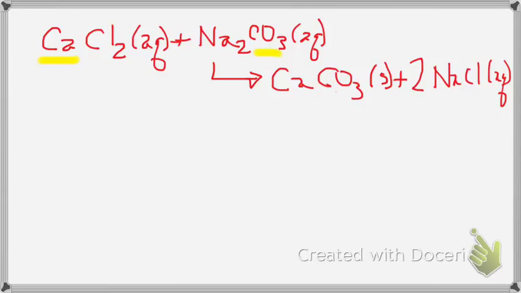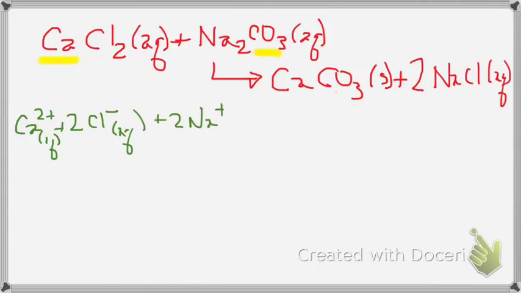Now, I'll change colors. We need to separate everything out that will break apart in solution. Anything that's aqueous will break apart. So we have a calcium 2+ plus 2 chloride anions. Both of these are aqueous. Plus 2 sodium cations that are aqueous.